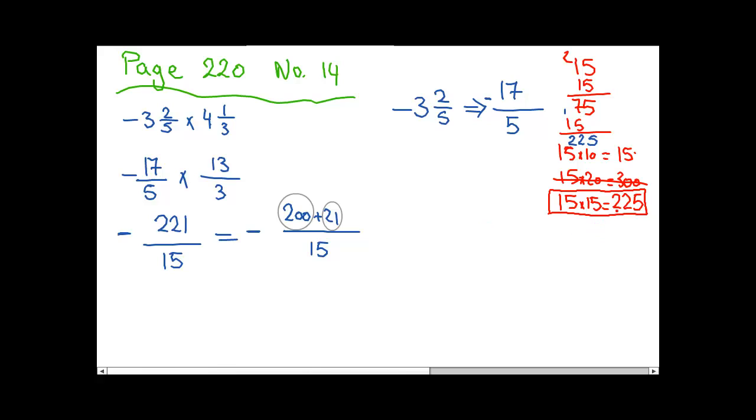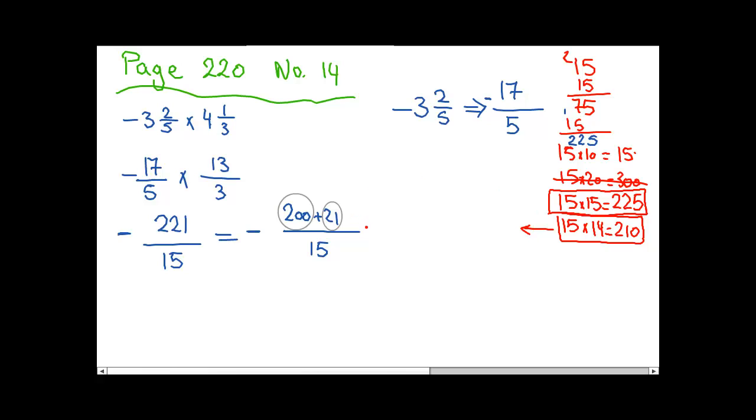So now I know that 225 is bigger than 221, so that doesn't work. However, I can just choose the one that's just under it. So 15 times 14. Okay, 15 times 14 is 225, and take away 15, minus 15. So the answer would be 210.